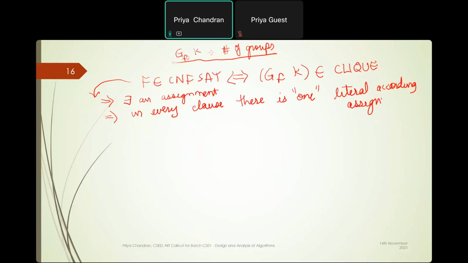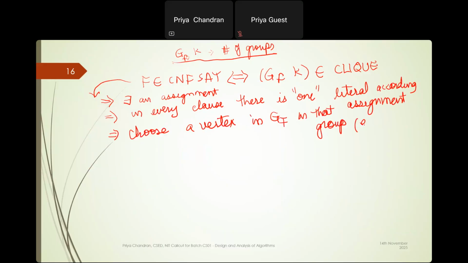Otherwise it would not have become one, right? So what we do is choose a vertex in G_F in that group. That is, in each group.